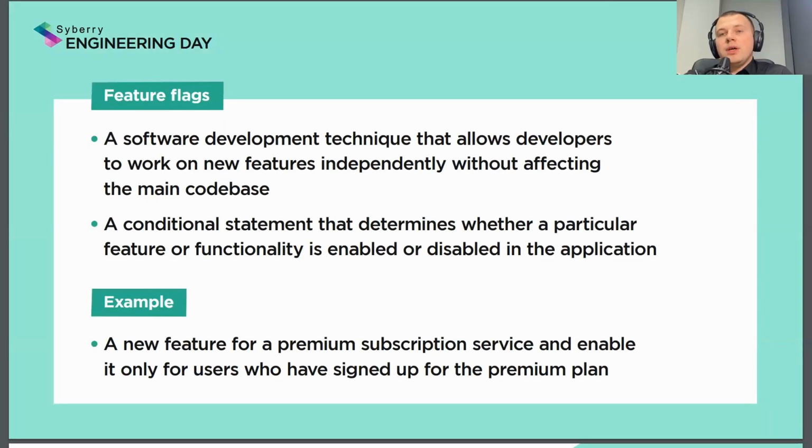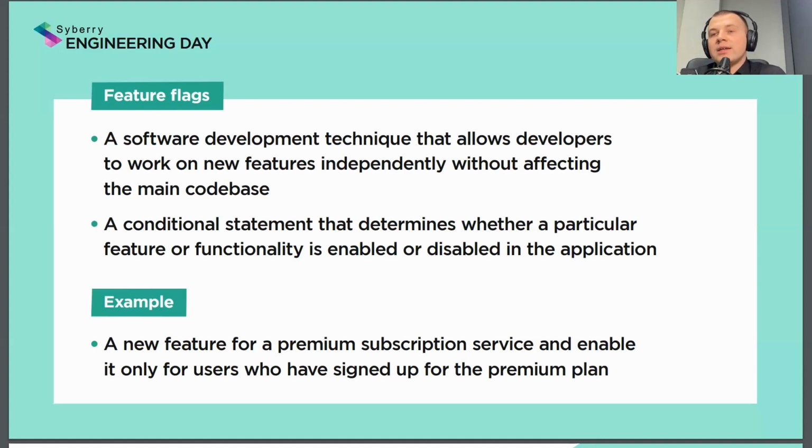Okay, let's speak about feature flags. It's the next part of our events, and a really important part of trunk-based development. Feature flags are a software development technique that allows developers to work on new features independently without affecting the main code base.